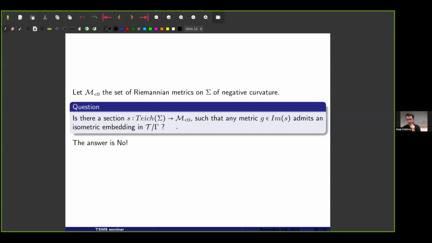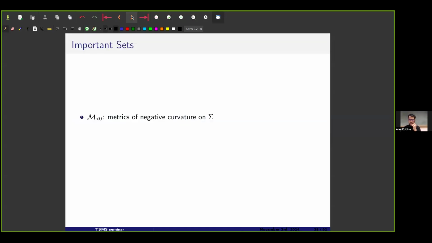So we will see now why the answer is still no in this case to our conformal embedding problem. Let's recall what we are using here. We are calling M the set of metrics of negative curvature on sigma.